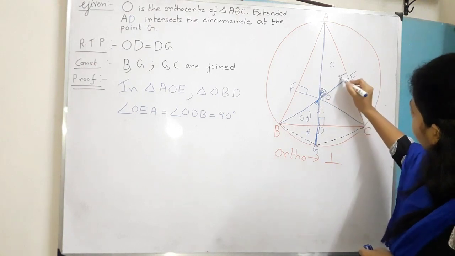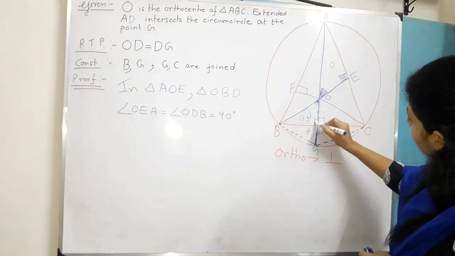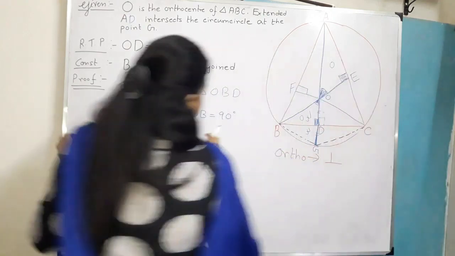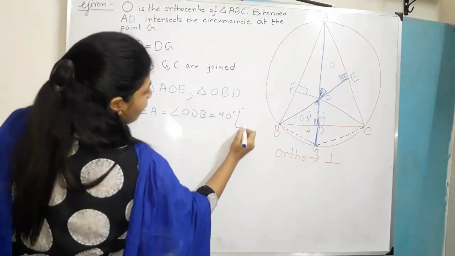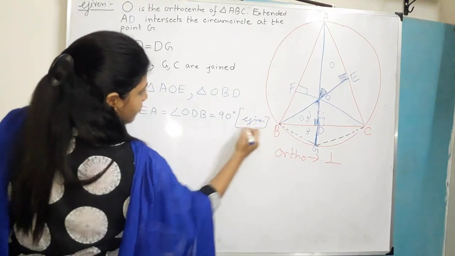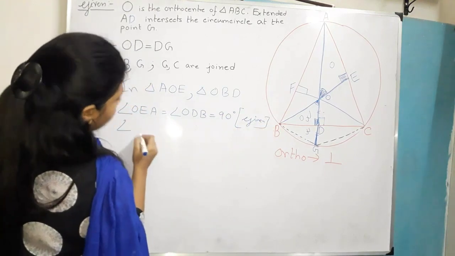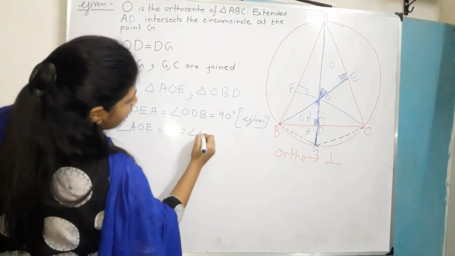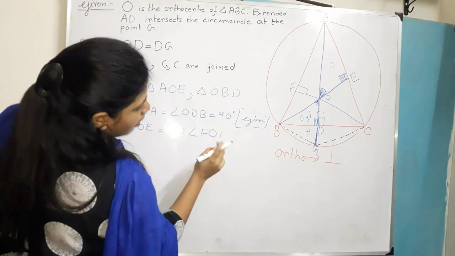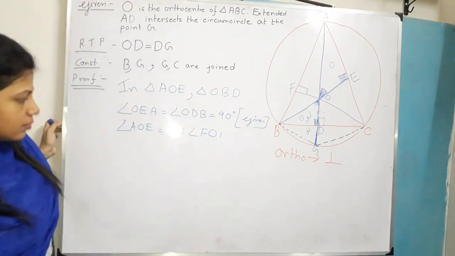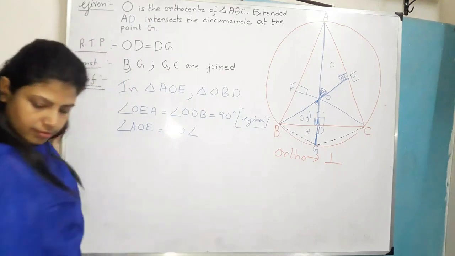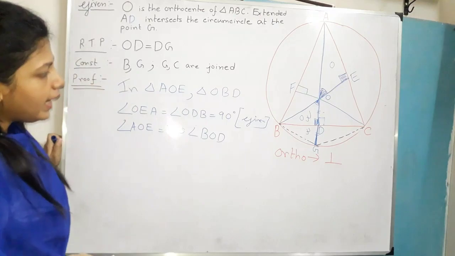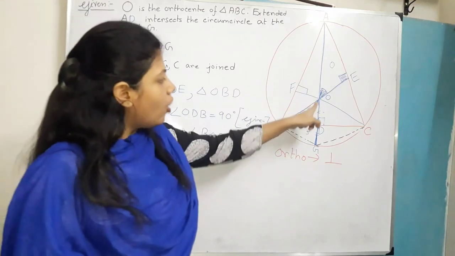So one I have got 90 degrees, another is vertically opposite angle. You can write this down by given. Angle AOE equals vertically opposite angle BOD. AOE and BOD are vertically opposite angles.